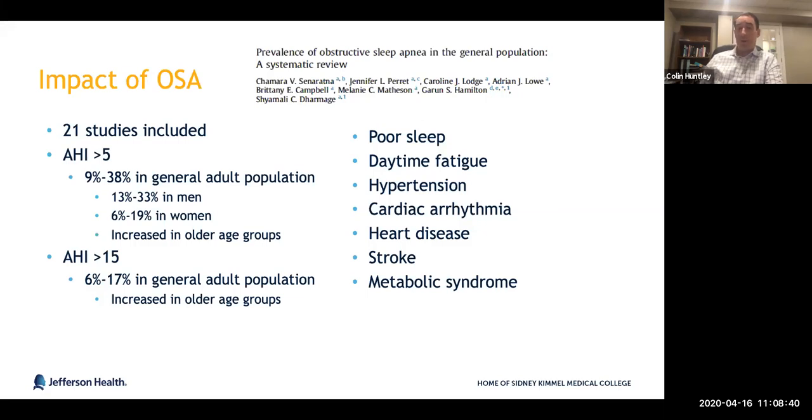With that being said, every diagnosis, mild, moderate, severe, can have a significant impact on quality of life, meaning sleep quality, frequent awakenings at night, daytime fatigue, and then the subsequent impact on work productivity. Car accidents is another category that gets a lot of press.